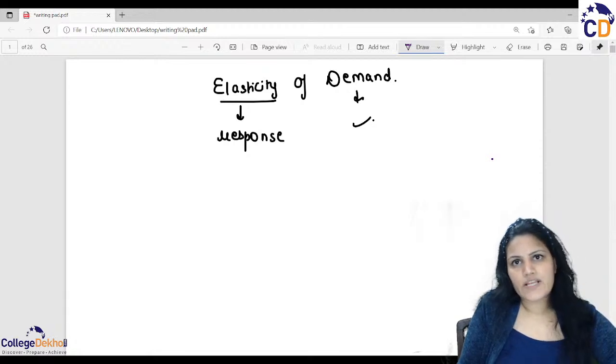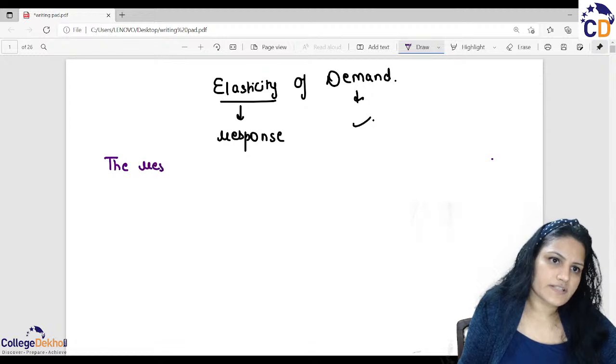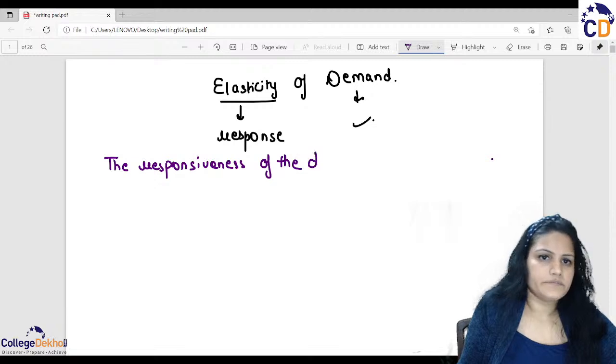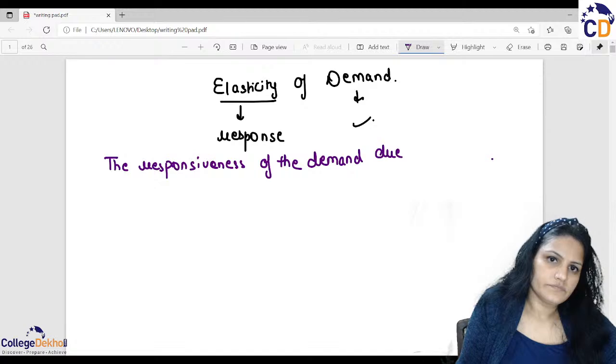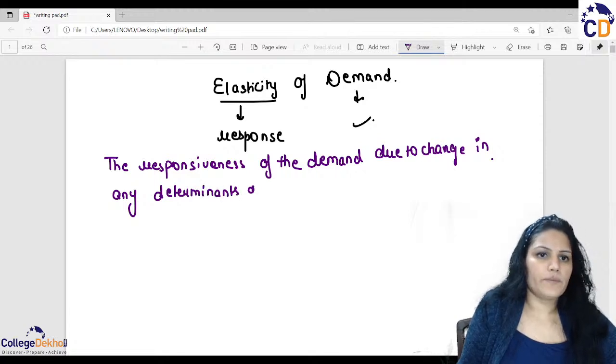So the definition of elasticity of demand will be the responsiveness of the demand due to change in any determinants of demand.